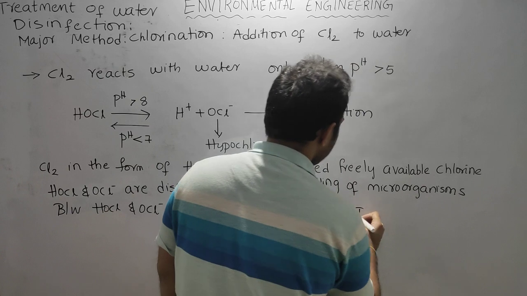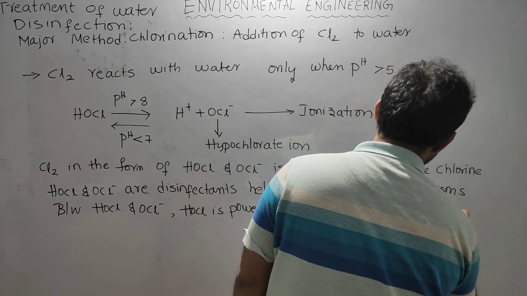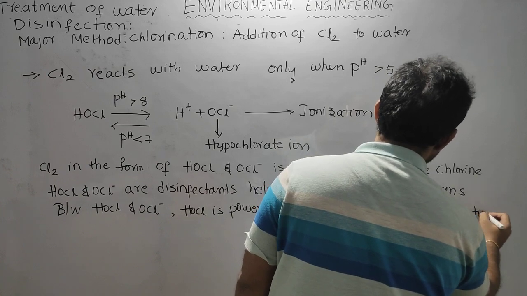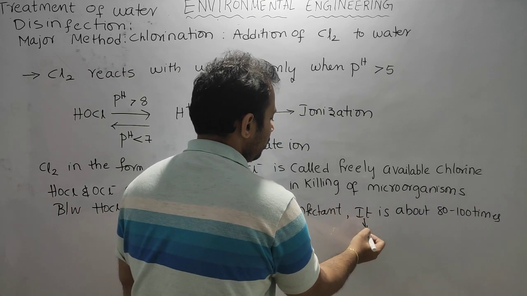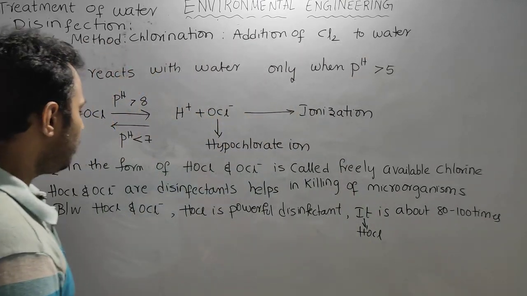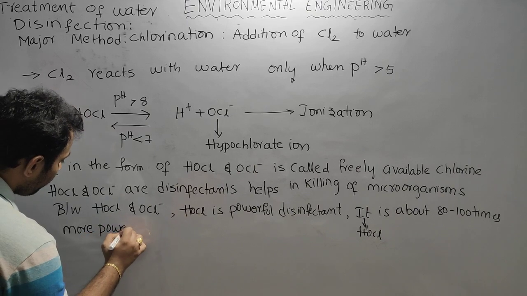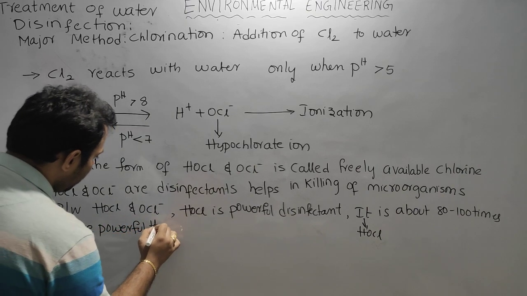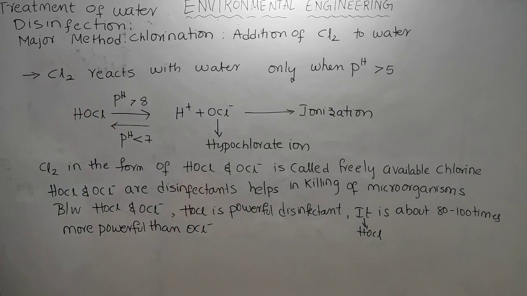It is about 80 to 100 times more powerful. So HOCl is about 80 to 100 times more powerful disinfectant than OCl minus.